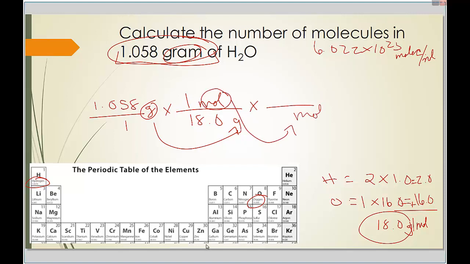We have 1 mole, 6.022 times 10 to the 23rd molecules. So 1.058 divided by 18 times 6.022 times 10 to the 23rd. That, when you calculate it out, comes out to be 3.540 times 10 to the 22nd molecules.